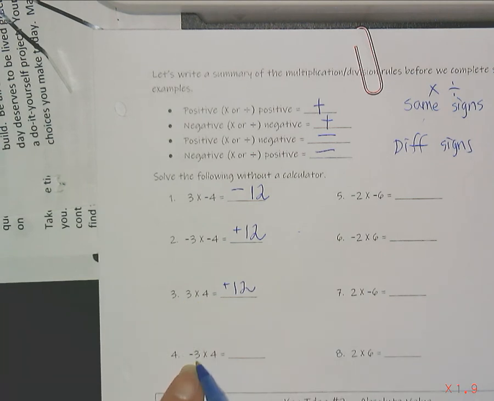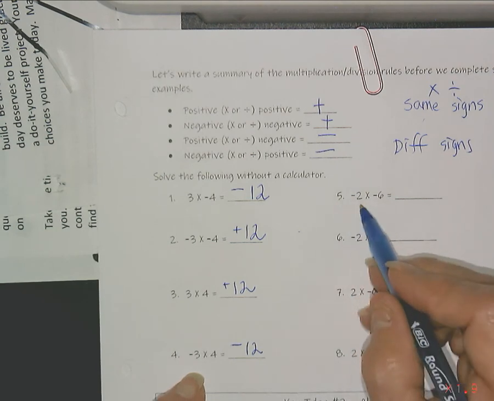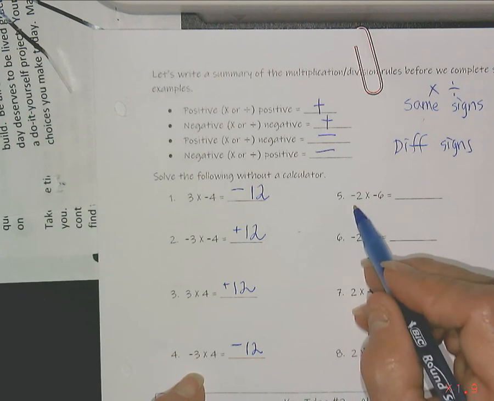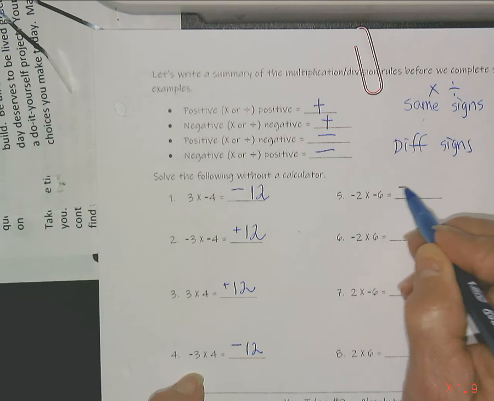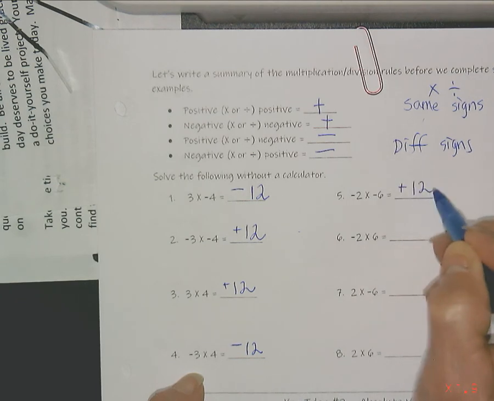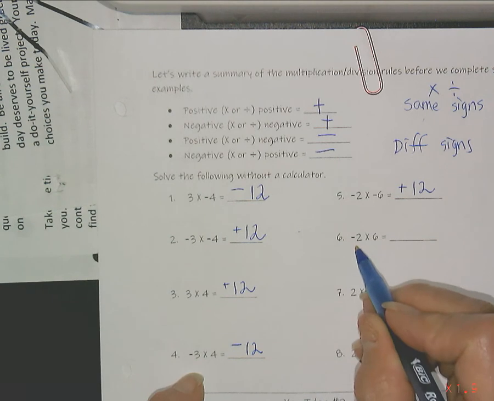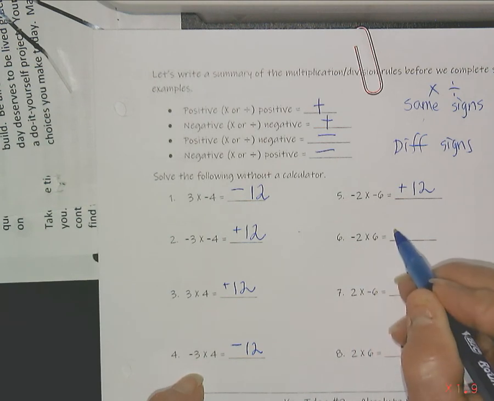Mia, a downdraft hitting the front of the plane causes the plane to fly which way? Negative. 12. Mia again. Number 5, 2 negatives. A downdraft hitting the back of the plane. Positive. And what's 2 times 6? Elena, downdraft, front of the plane. What's my answer going to be?